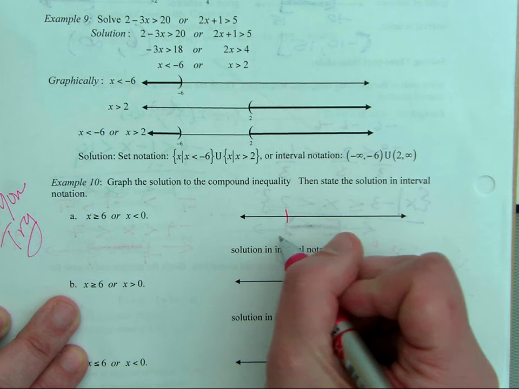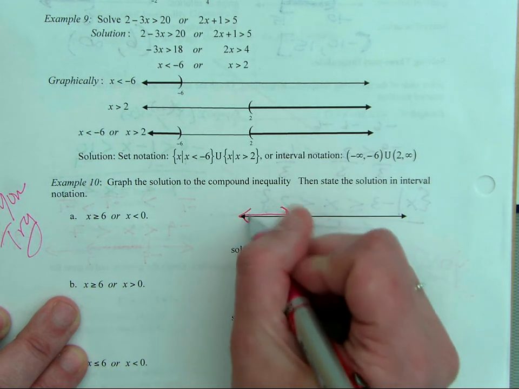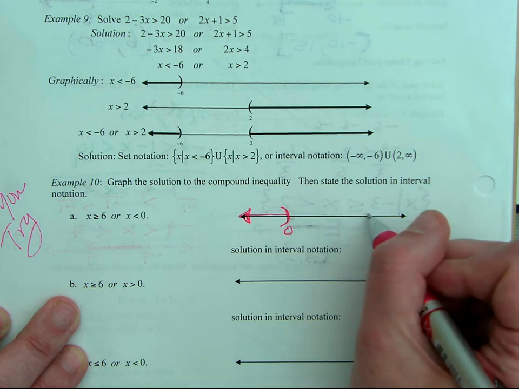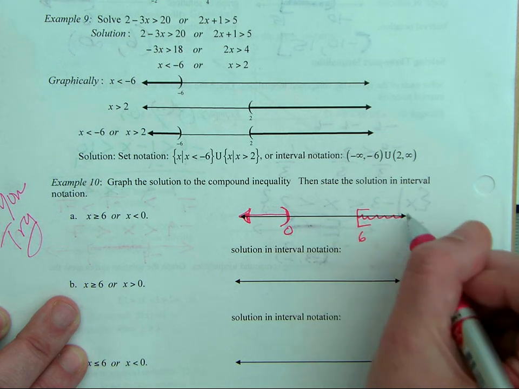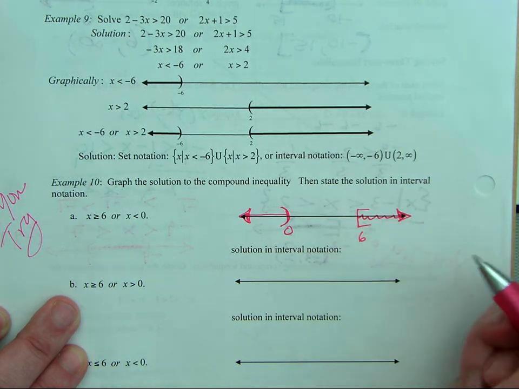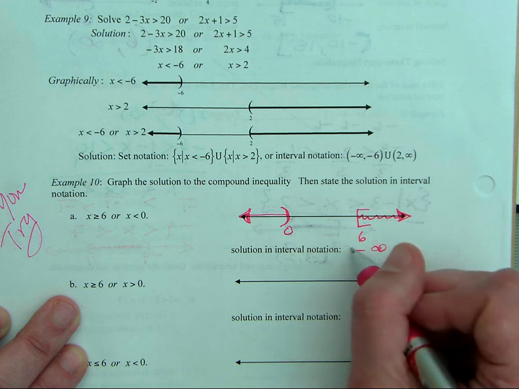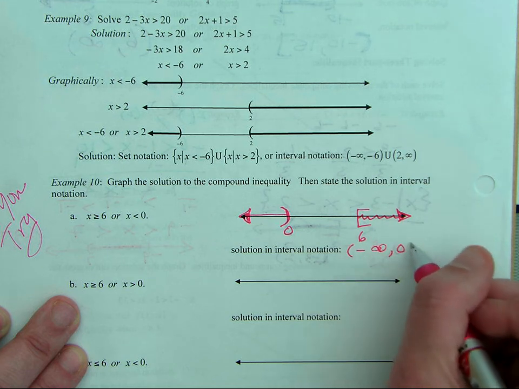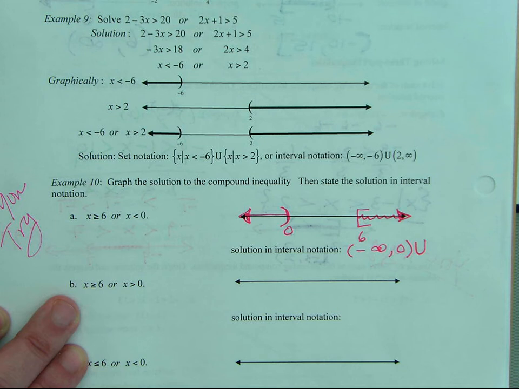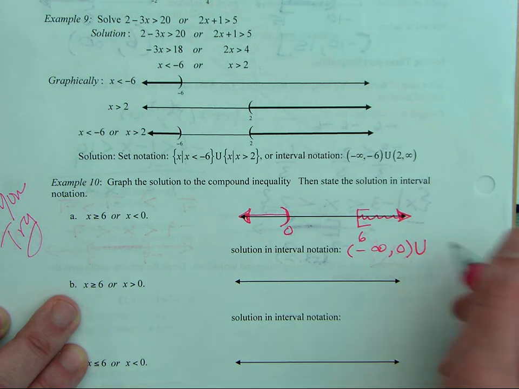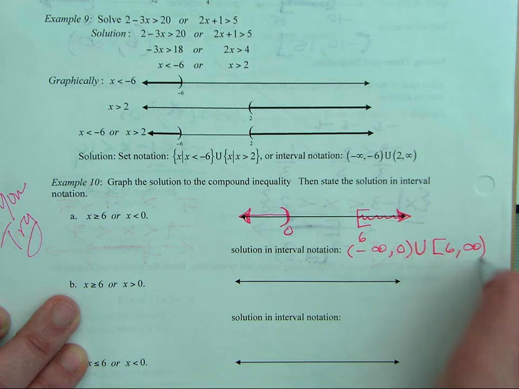So if we start with, here's 0, I'm less than 0, or I'm greater than or equal to 6, so here's 6. Then that interval would be from negative infinity to 0, and then I'm going to use U for union, to join that with the other interval from 6 to infinity.